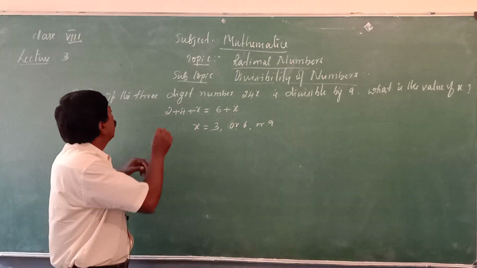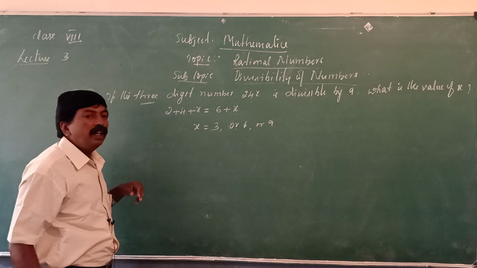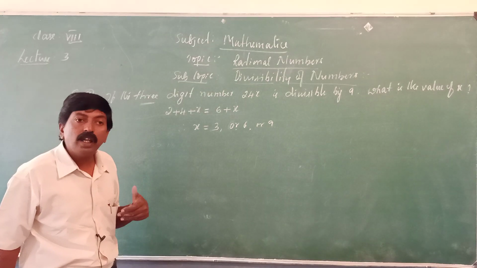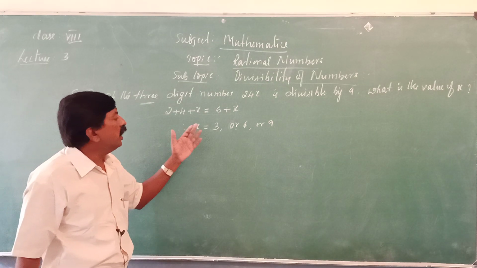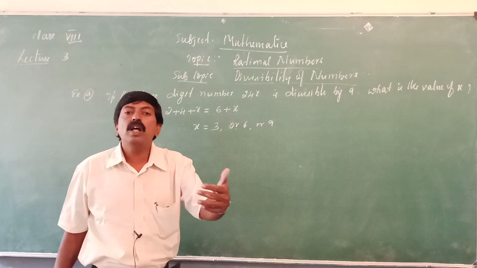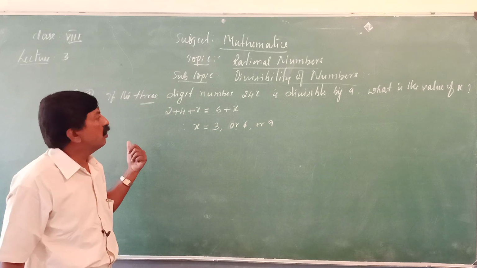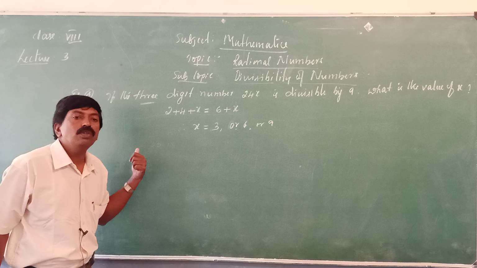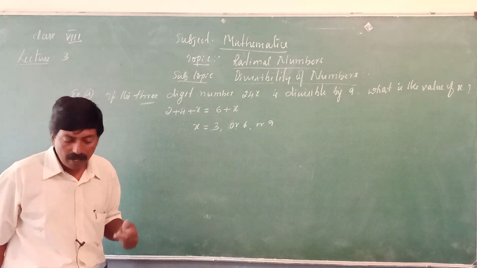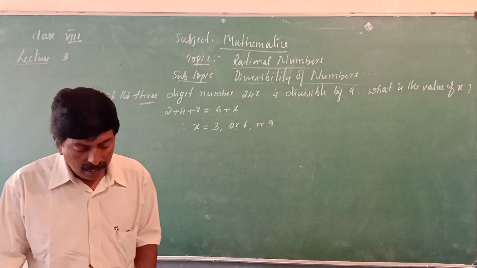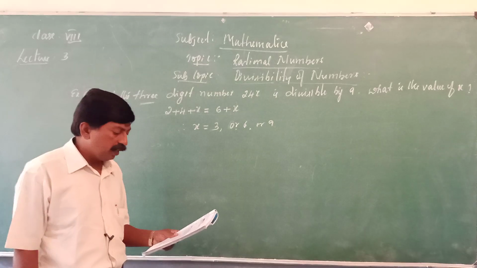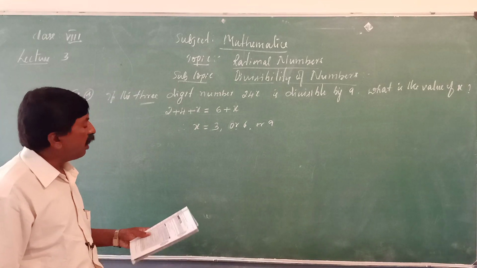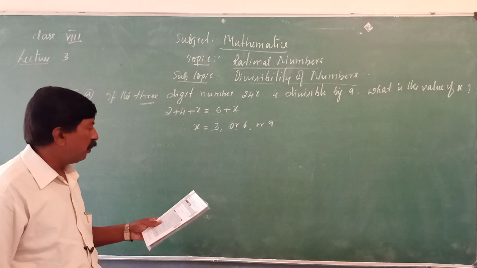But it is a 3-digit number, keep that in mind. So 3, 6, 9, 12, 15, and so on. More than one value you will get, so very easily we can identify x is 3 or 9. You can consider any one value.